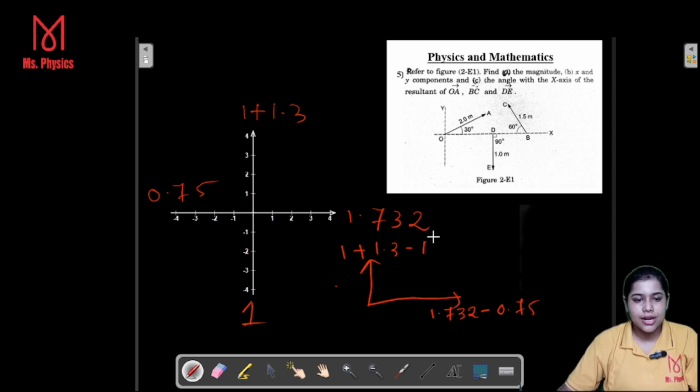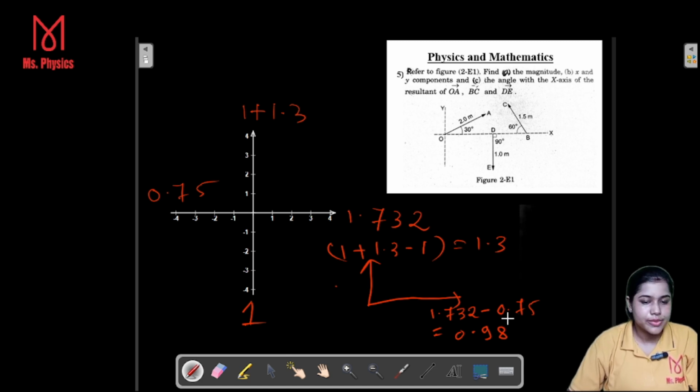So if you subtract it, you will get 0.98, and along the positive y-axis it is 1.3. So these are the values of them. Let me just check. 0.98, yes, and 1.3. If you calculate it, you will get these values.